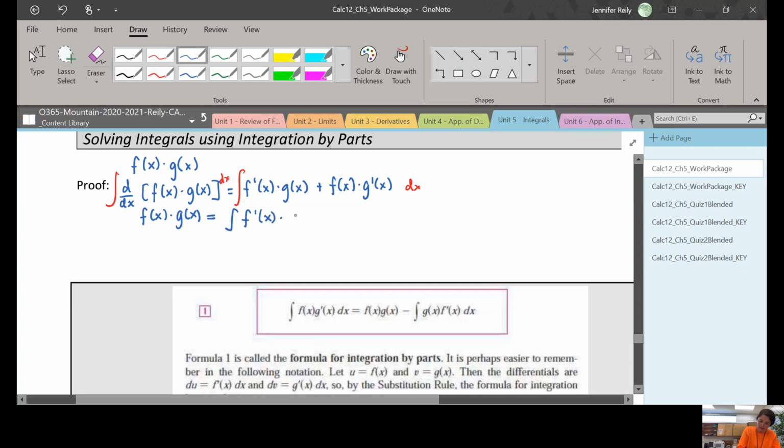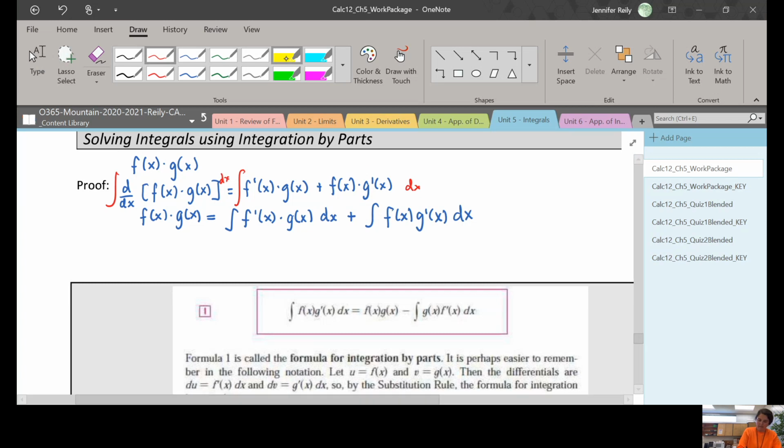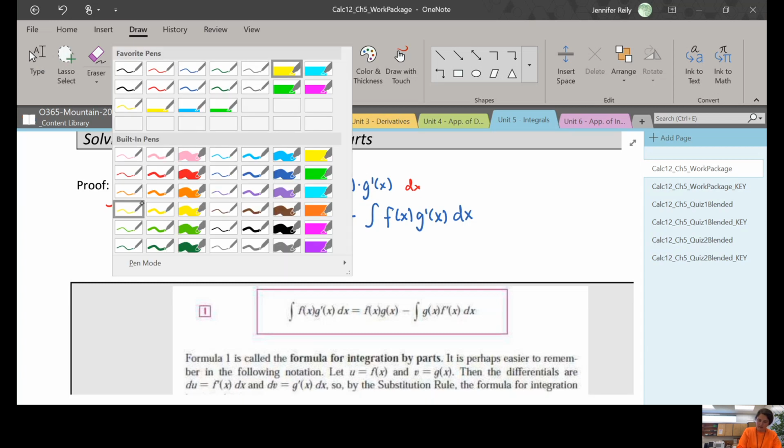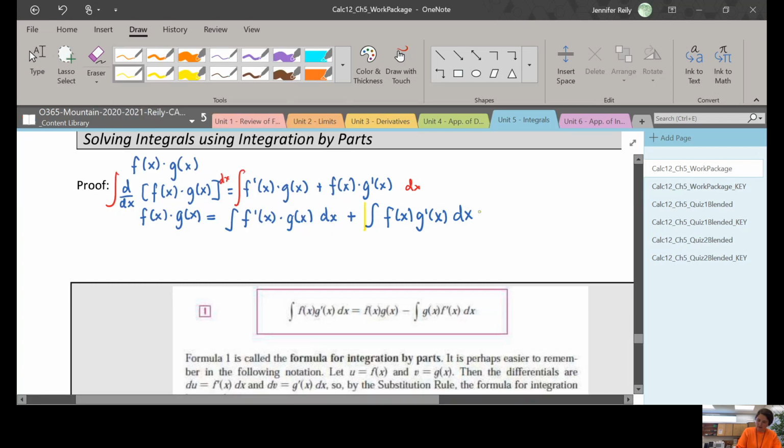So I'd have the integral of f prime x times g of x dx plus the integral of f of x g prime of x dx. And if we rearrange this, I'm going to move this term I'm highlighting in yellow to the other side of the equation and move this term to the other side.